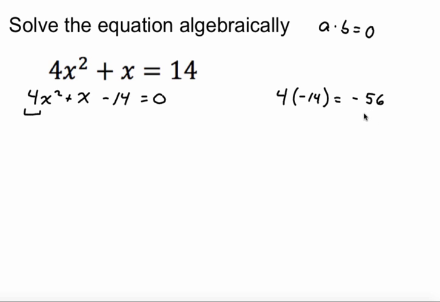All right, and now I need to find factors of negative 56. So 1 and 56. Let's see, 2 and 28. Does 3 go into 56? I bet you it does.